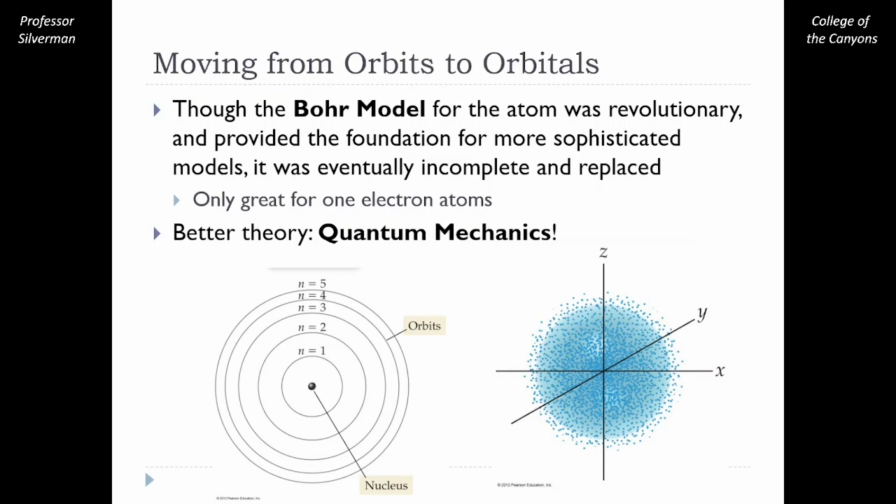So we are going to try to do better, and in our next lesson we'll introduce quantum mechanics and a new way to picture the electrons in our atom. But for now, we've introduced light and the Bohr model, and we can at least get into this world of quantized electrons, electrons that are restricted in what energies they're able to adopt.